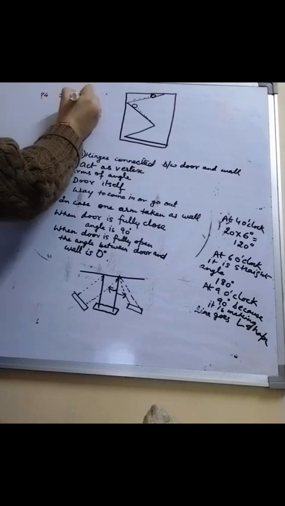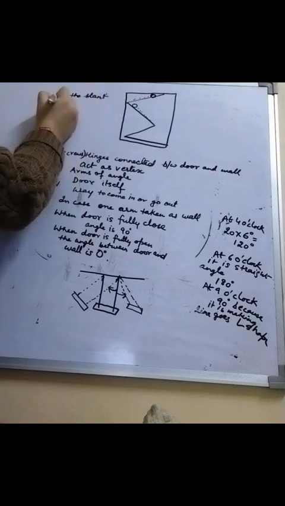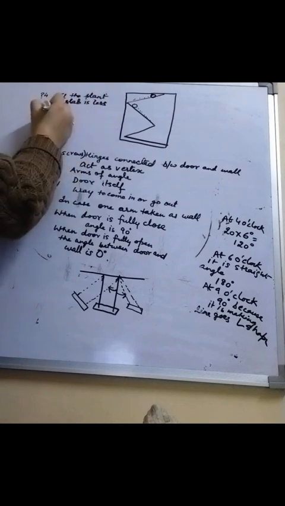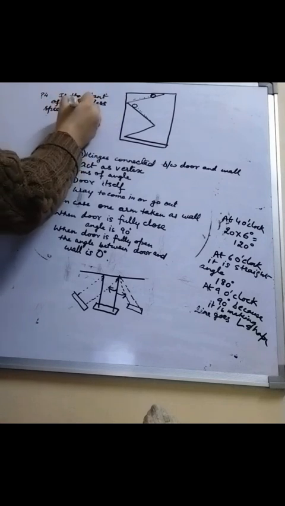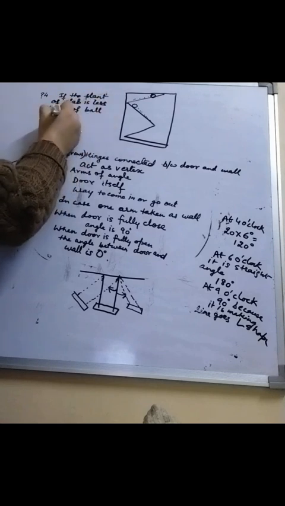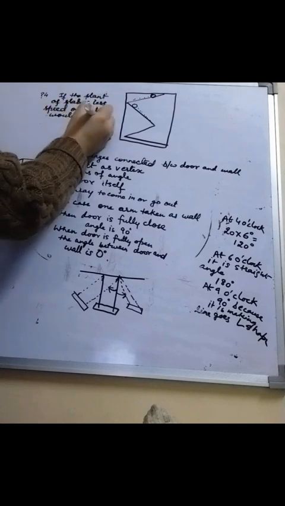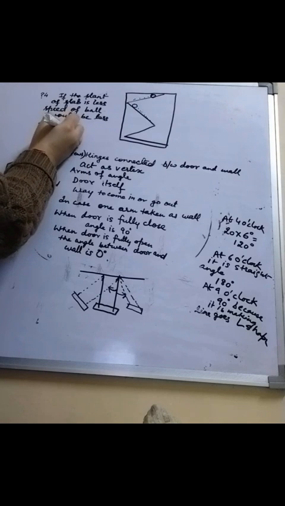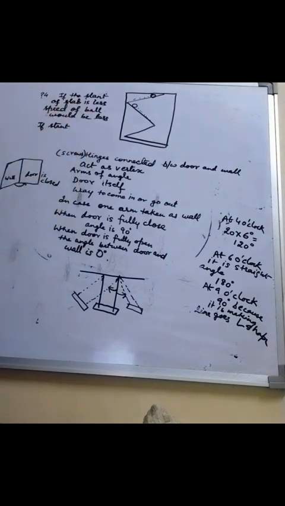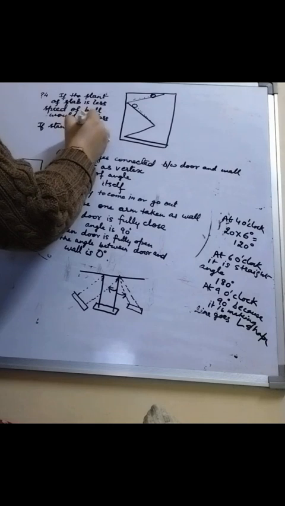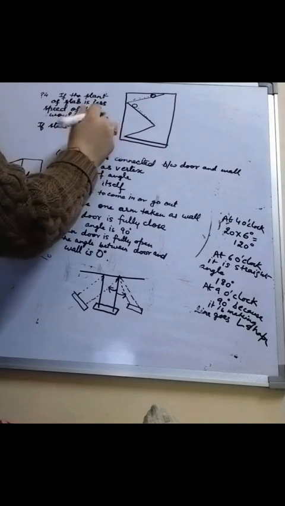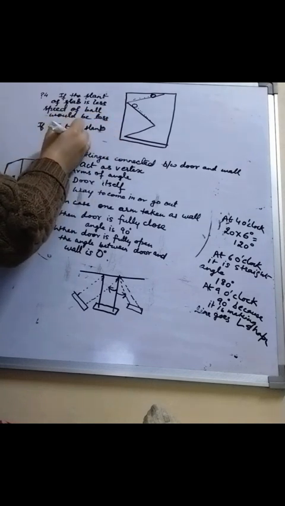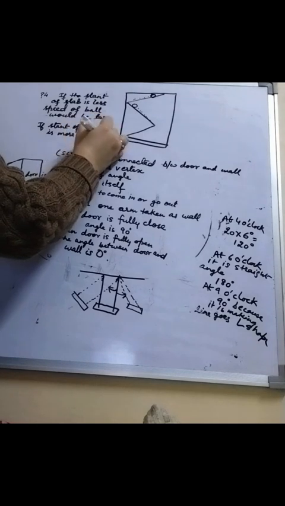If the slant of slab is less, speed of ball would be less. And if slant of slab is more, speed of ball is more.